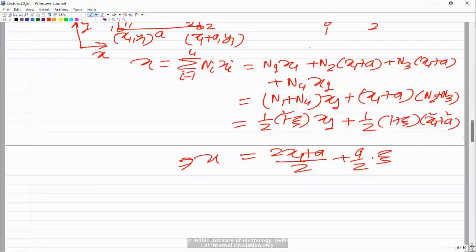Suppose you are given a particular value of x, you would be able to write xi in terms of x. You will find that xi in terms of x would be 2 upon a, and then inside we will have x minus 2x1 plus a divided by 2. This minus is for the whole term.